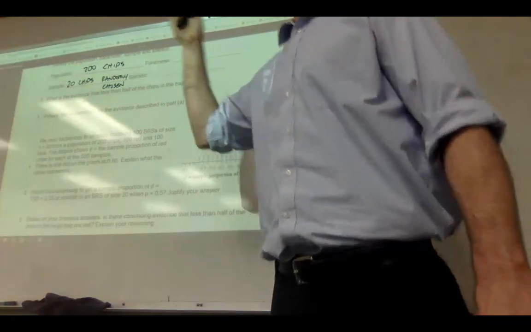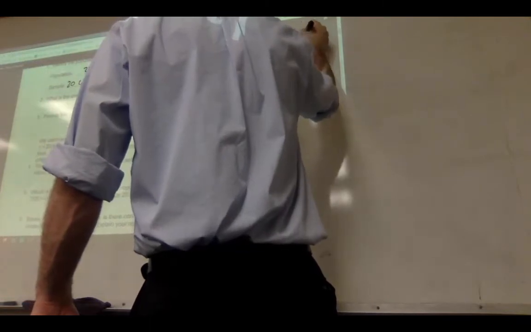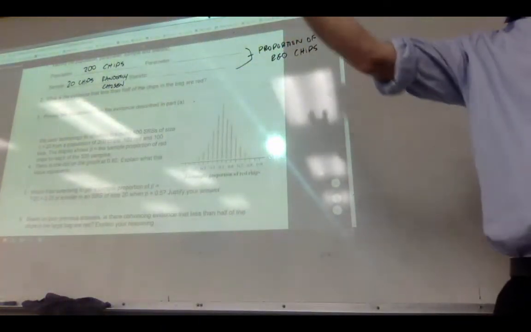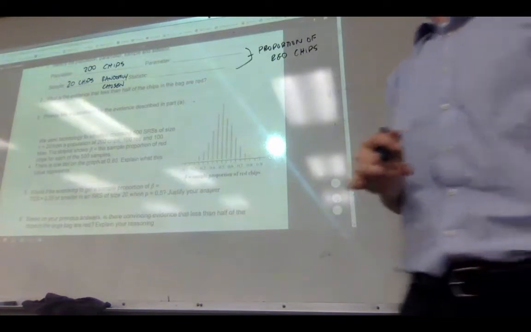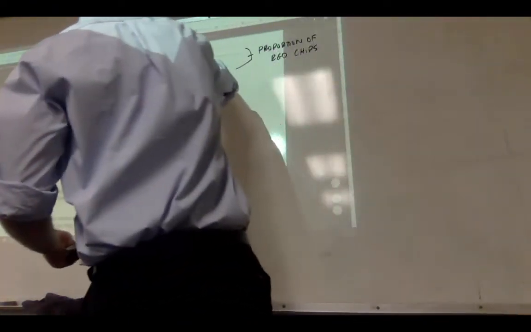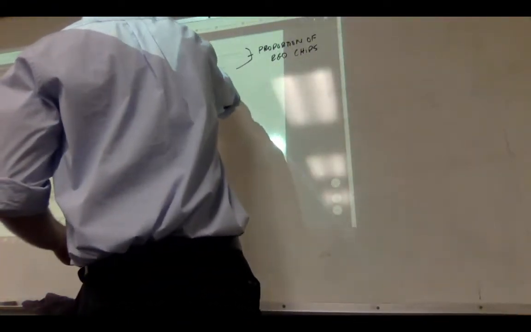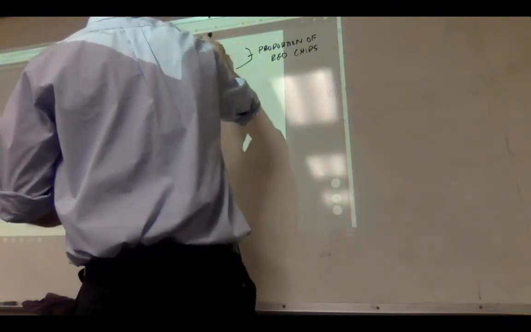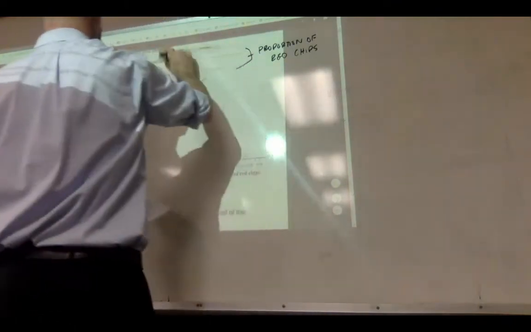So if it's proportion of red chips, what is the parameter, meaning the population proportion of red chips? 100 out of 200. There's a couple of things you have to do here. 100 out of 200 equal to 0.5, sorry, watch this.